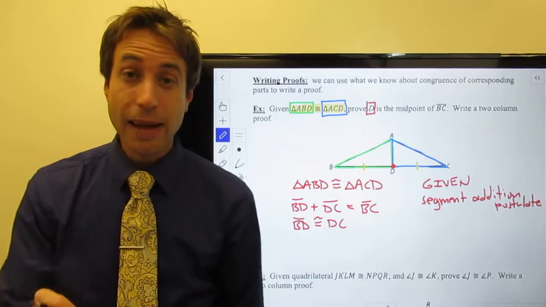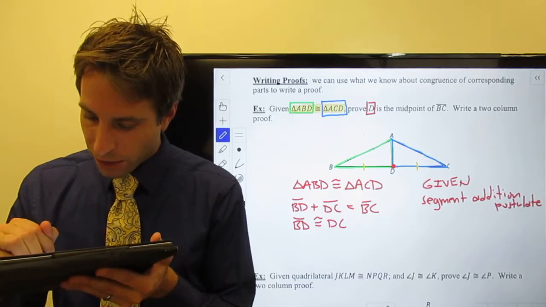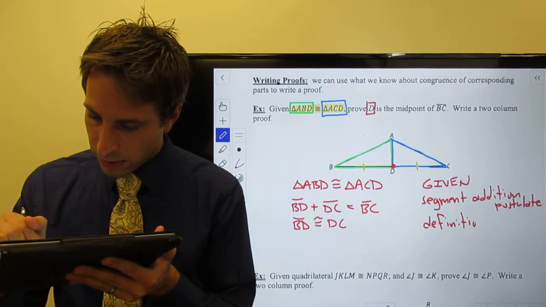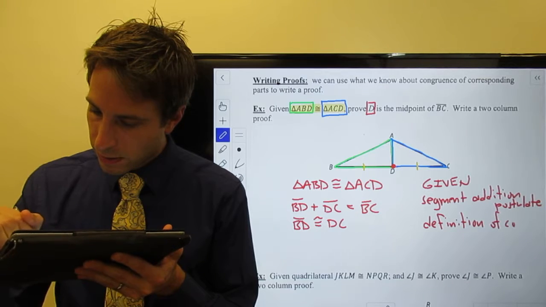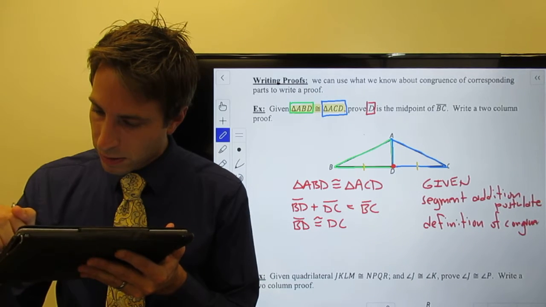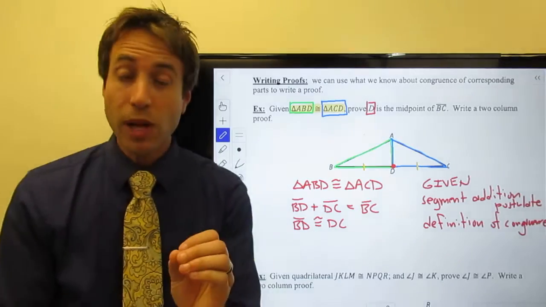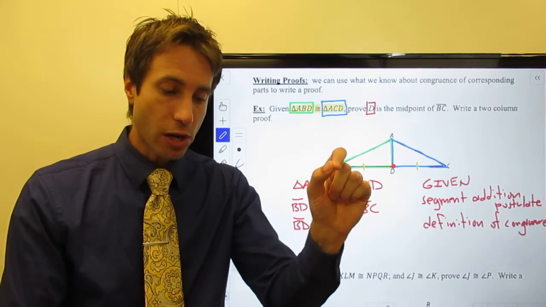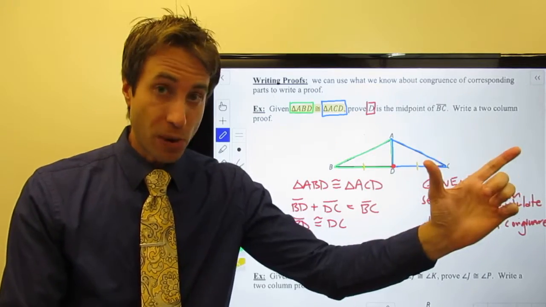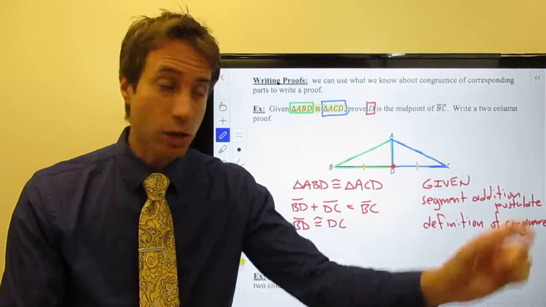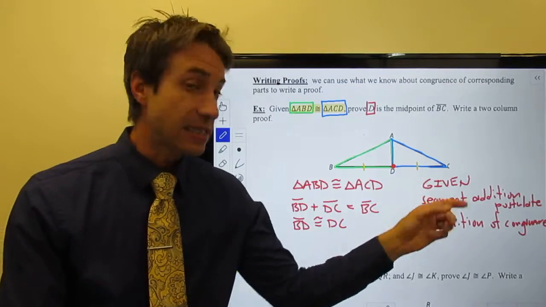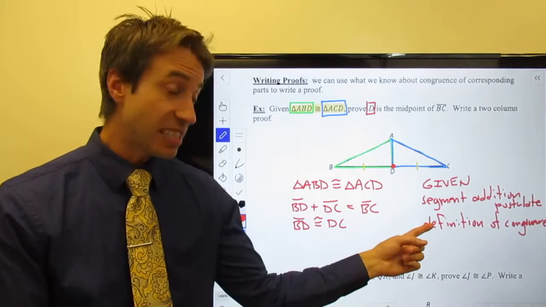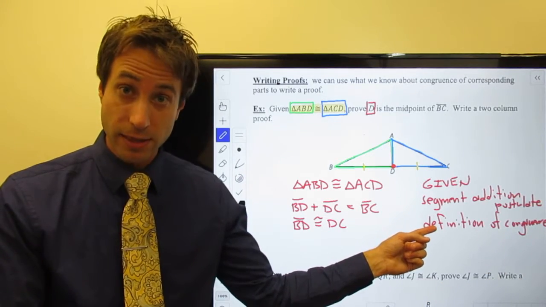How can I write that? Well, it's my definition of congruence. I apologize, I had to squeeze there. I tell you that these two triangles are congruent. If the triangles are congruent, then corresponding parts must be congruent. Well, BD and DC are corresponding parts. That means they must be congruent. This is our definition of congruence.